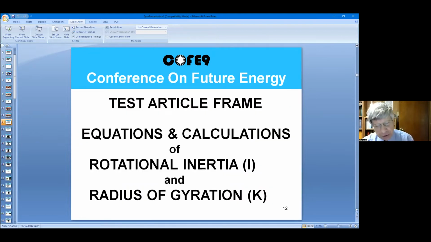First, we'll talk about inertia. When you deal with inertia propulsion systems, you have to calculate all the inertia of the systems so you know what you have and what you need. So we start with rotational inertia I, and the radius of gyration K is the numbers we're interested in to make the thing go.